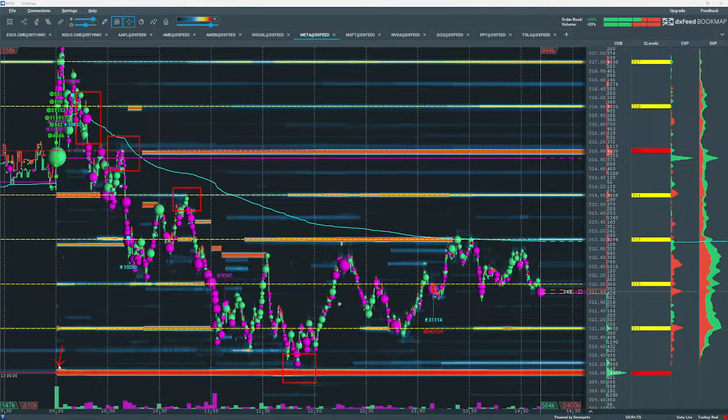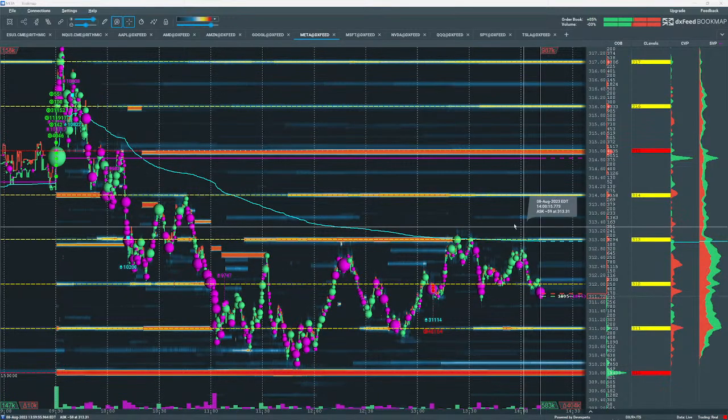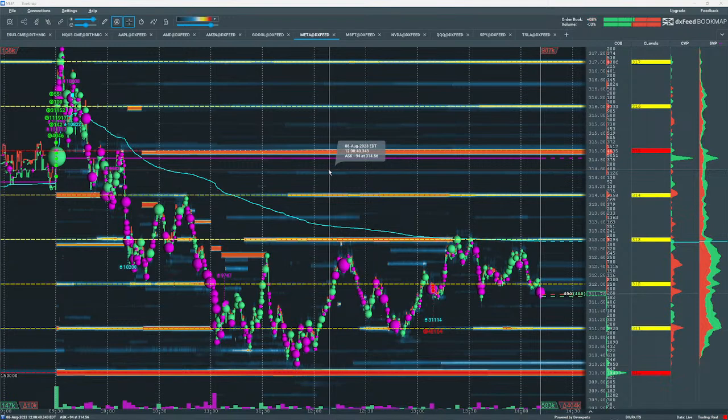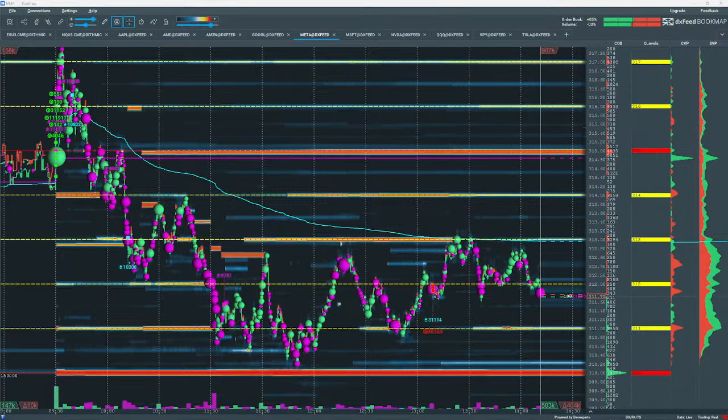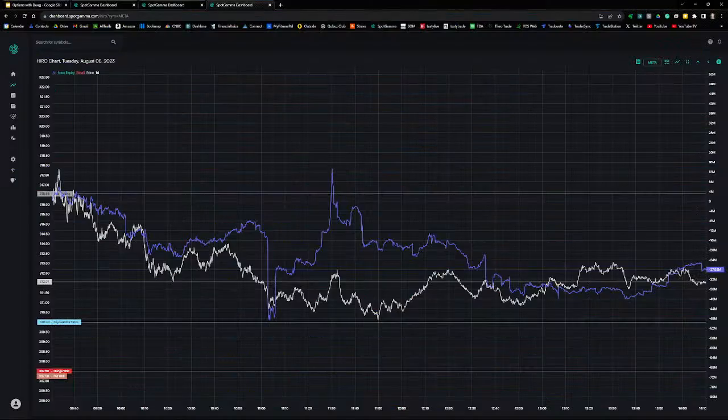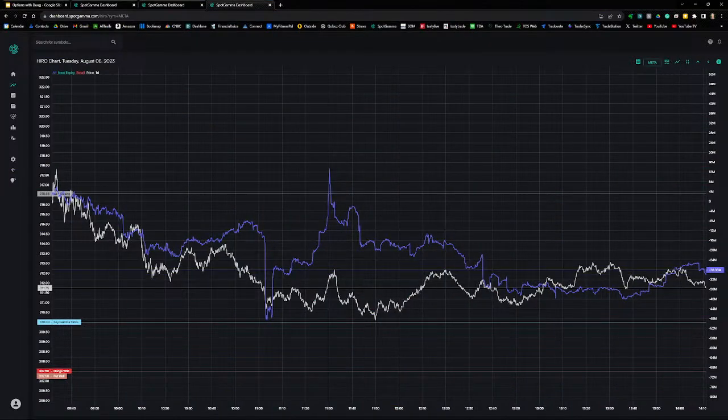Liquidity that comes in at the cash open. That's pretty typical of stocks. Nice target there, high liquidity, also the key gamma strike. And then the put wall is down below at 307.50.